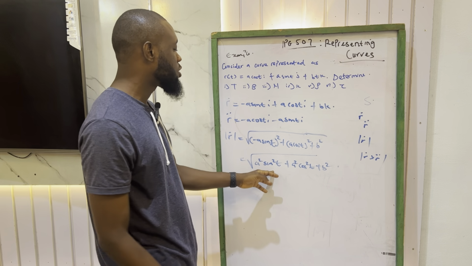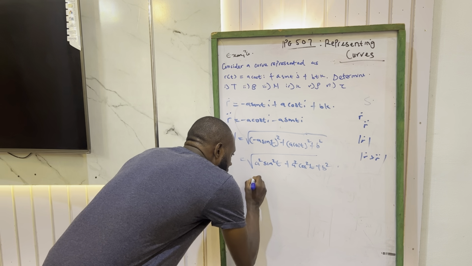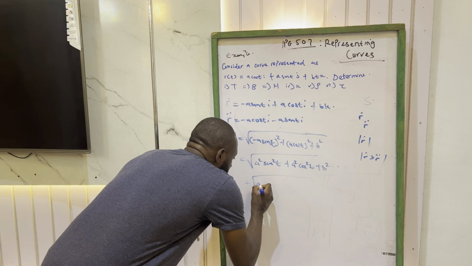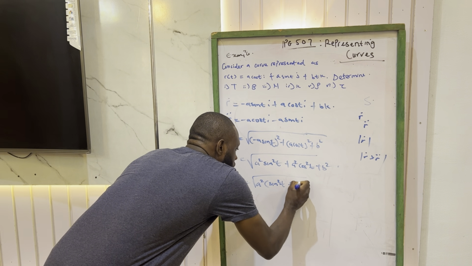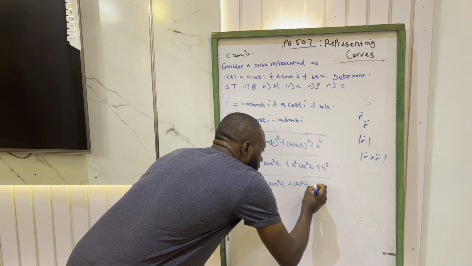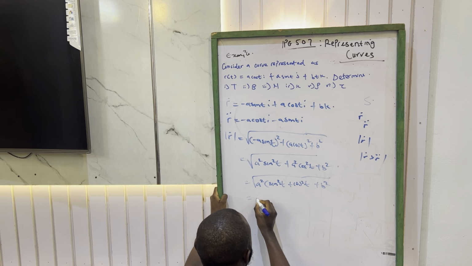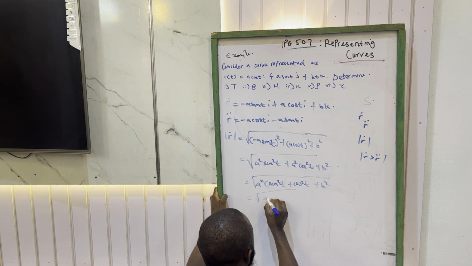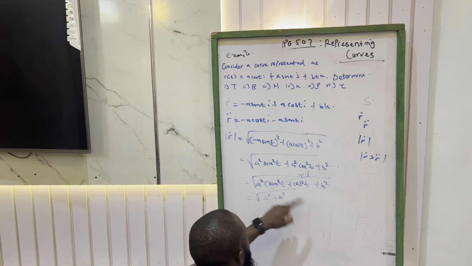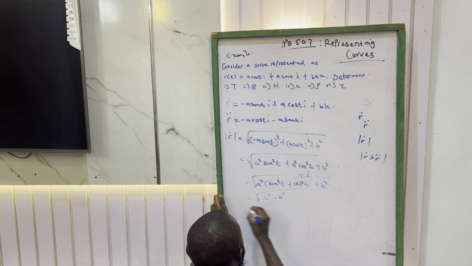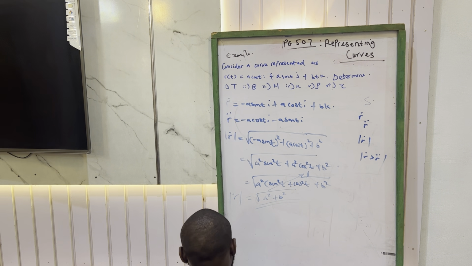Then in the bracket we have sin squared t plus cos squared t, which evaluates to 1. So we have a squared open bracket sin squared t plus cos squared t, plus b squared, so that we have a squared plus b squared because this evaluates to 1. So that's a squared times 1. As this is what we have as the magnitude of r dot.